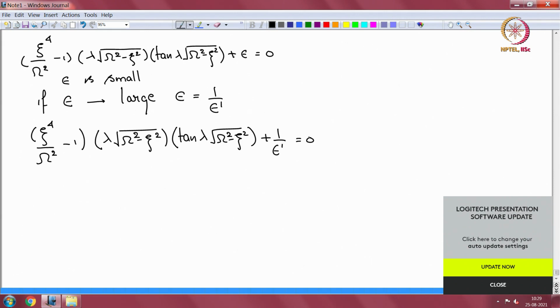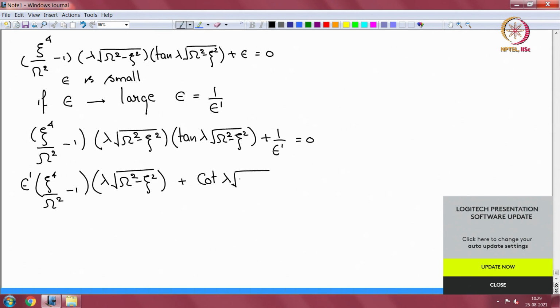And so, epsilon dash comes up. So, I will write this now as epsilon dash xi 4 by omega square minus 1 lambda square root omega square minus xi square. This I will convert it to cot, okay. So, it becomes cot of lambda square root of omega square minus xi square, that is equal to 0.